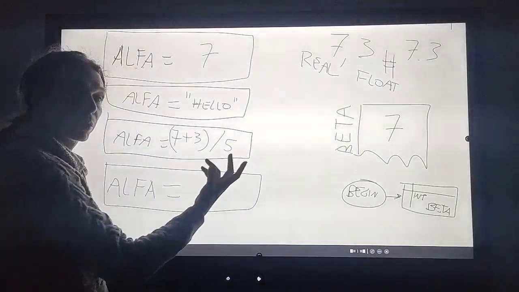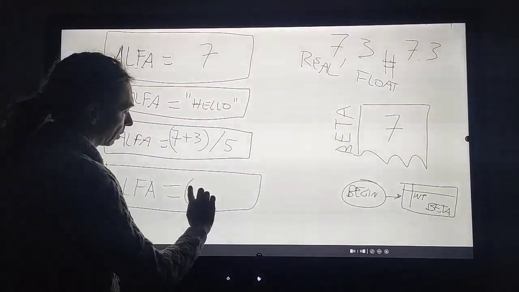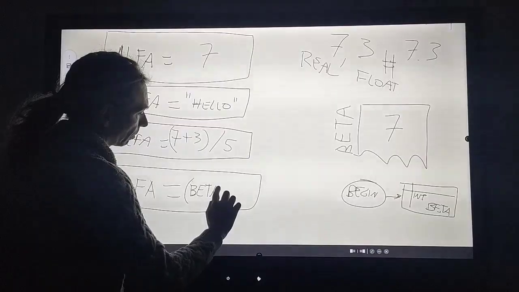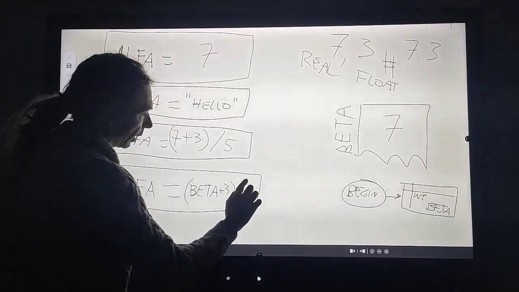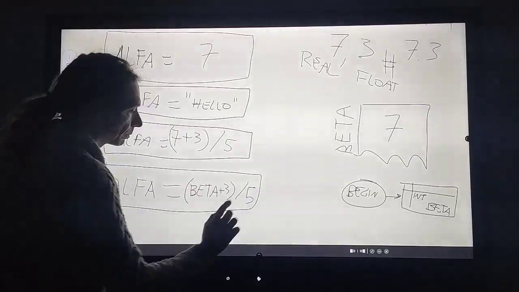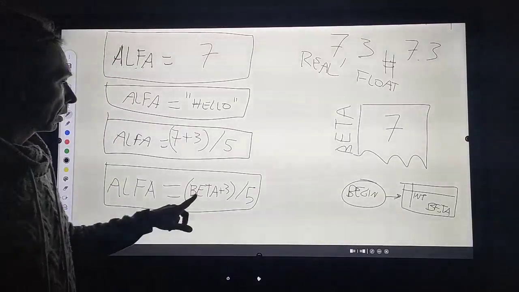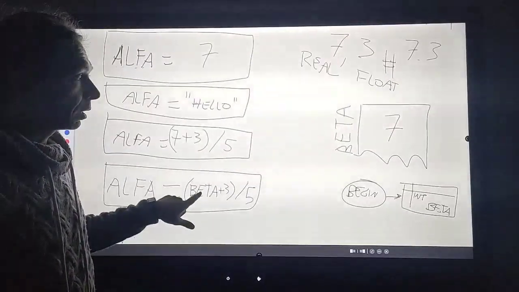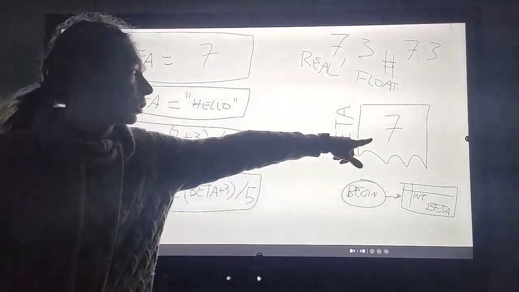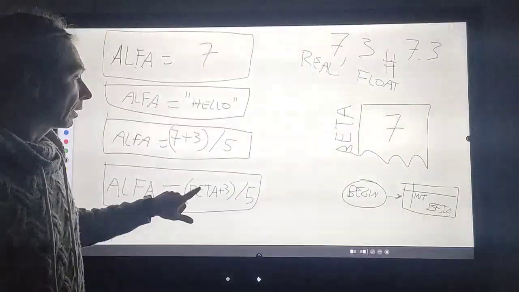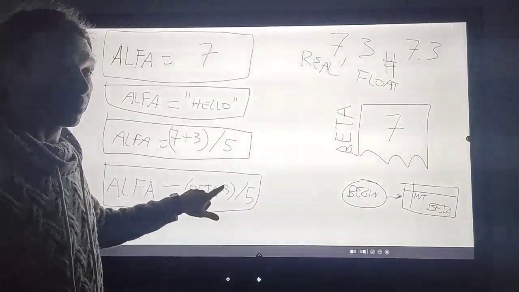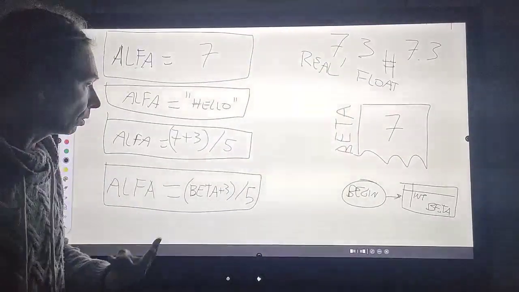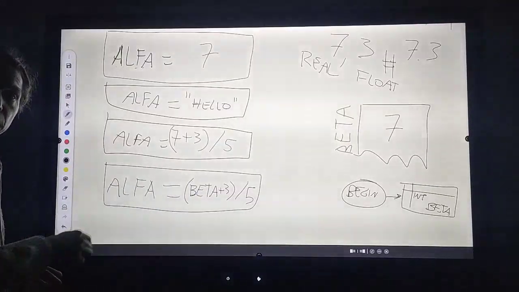To use beta, for example, I can say to do beta plus 3 and then divide by 5. The droid will look for beta variable and for its content, which is 7, and then we will do 7 plus 3, then we will divide by 5, final result is 2, and we will write 2 inside alpha.